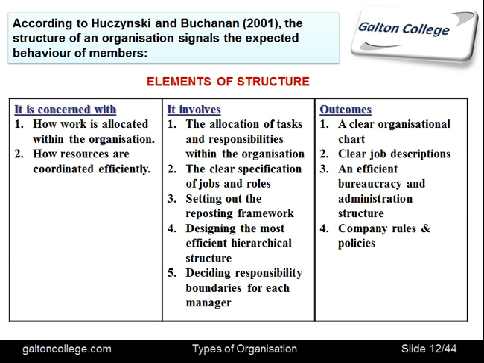Efficient bureaucracy and administration means that the paperwork and the instructions and the channels of communication are efficient, that the messages don't get mixed up as they're being passed down the line, so that there is confusion and inefficiency as a result. And there are also clear company rules and policies. So structure is concerned with these three areas. It's concerned with the two at the start, what it involves, and the outcomes.